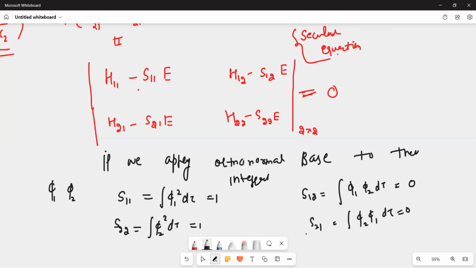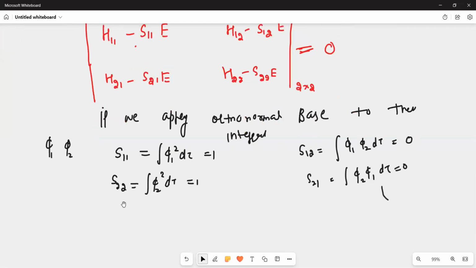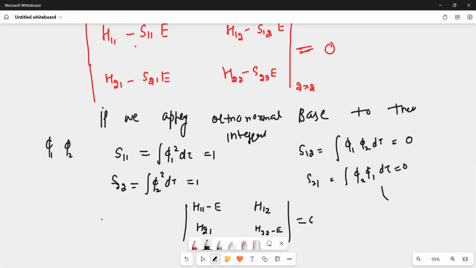Then this determinant can be reduced to: H11 minus E, and here you will write H12 because S12 is 0. Here you will write H21 only. And here you will write H22 minus E, and put it equal to 0.